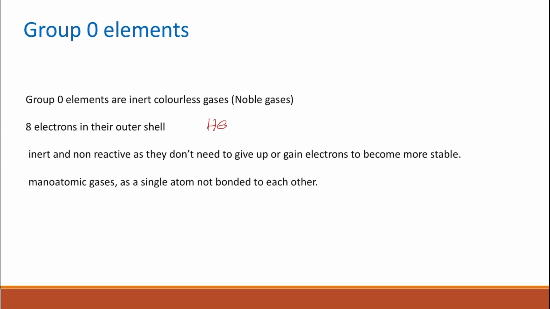But the elements in group 0 already have a full outer shell, so they don't lose or gain electrons. This is why they are inert and non-reactive, and they don't tend to chemically combine with any other element or even with themselves.